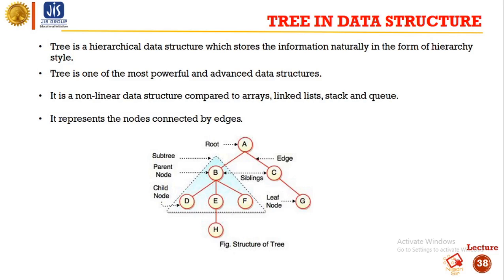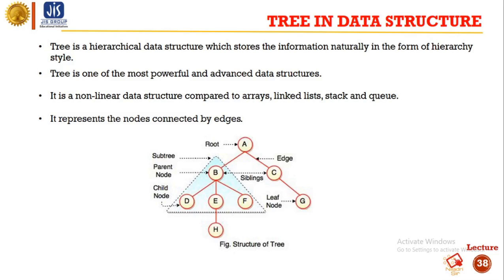Nodes of a tree either maintain a parent-child relationship between them or they are sister nodes. In a general tree, a node can have any number of children, but it can have only a single parent.